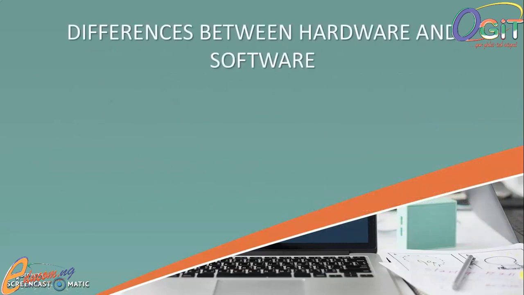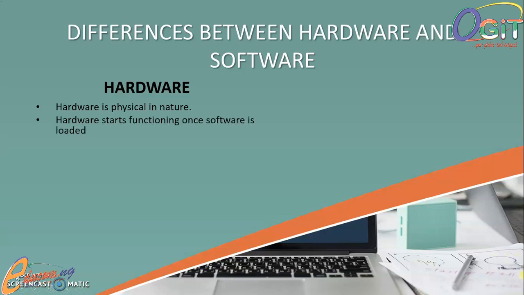Now we'll look at differences between hardware and software. Let's start with hardware. Hardware is physical in nature. This is what I have explained earlier. In fact, that is the number one thing to recognize and to differentiate a hardware from a software. You can physically touch a hardware. Hardware starts functioning once the software is loaded.